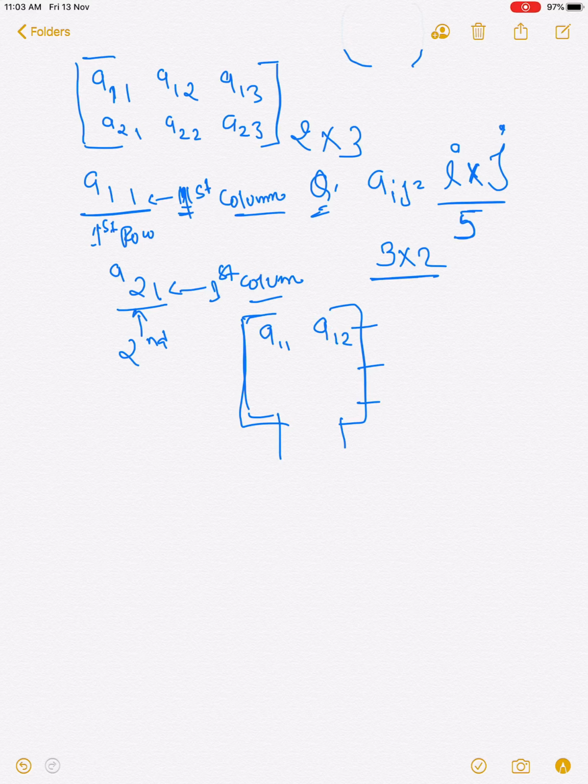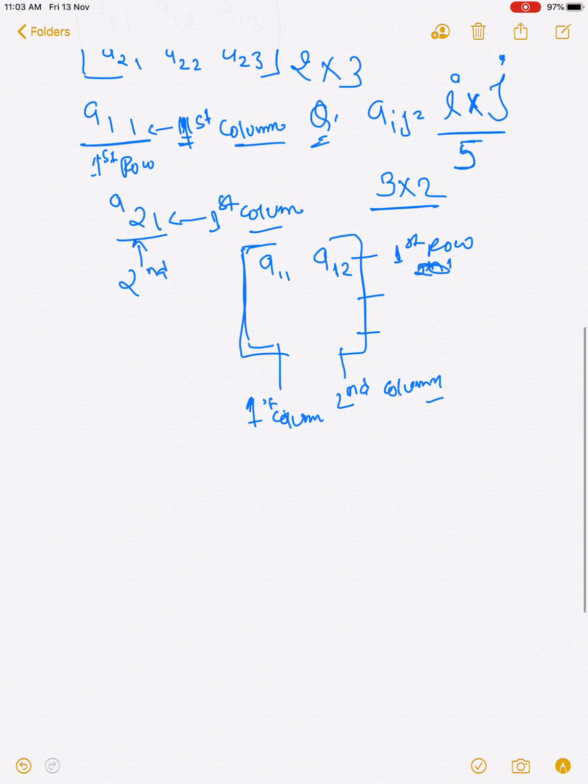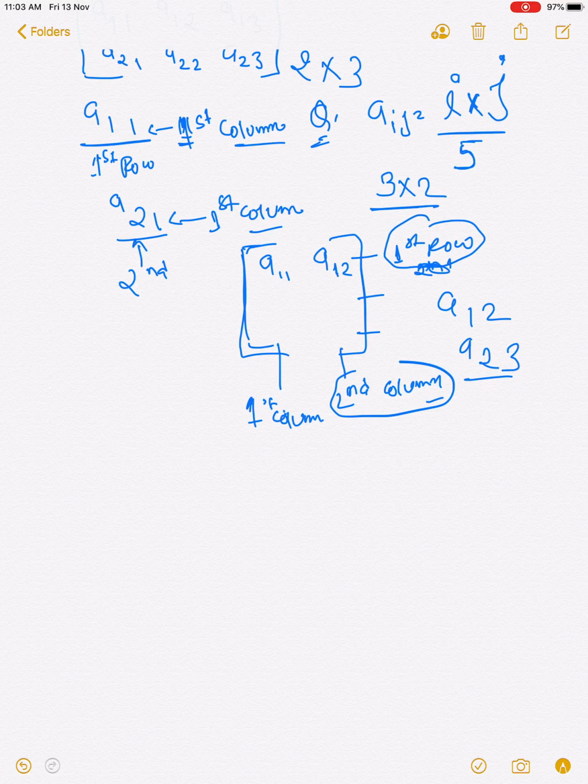Here a12 is first row and second column, because this one is the first column and this one is the second column. If we are given a23, that means second row and third column.